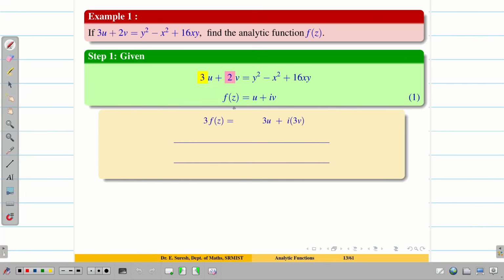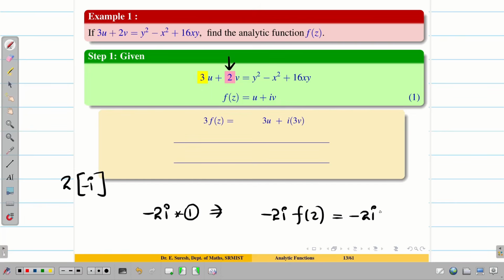Similarly, now multiply equation 1 with minus 2i. As I said, when we go for the coefficient of v, take the coefficient of v and multiply with minus i. So minus 2i into equation 1, we get minus 2i f of z equals minus 2i u. Already we have iv. When I multiply with minus 2i, I'll get minus 2i square, that is minus 1 into v.